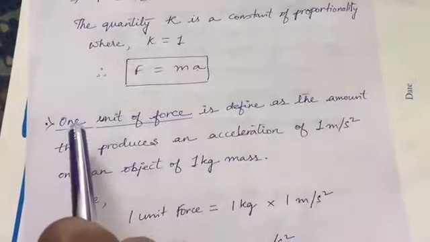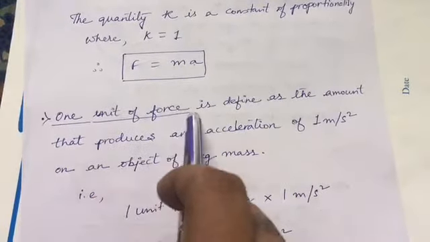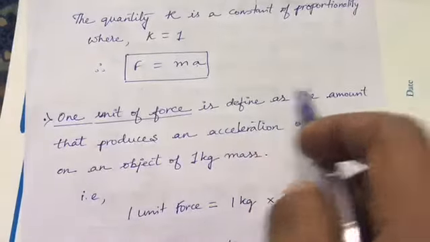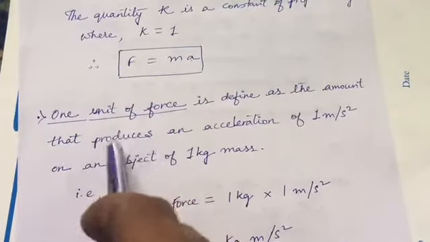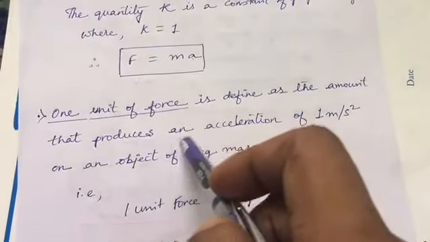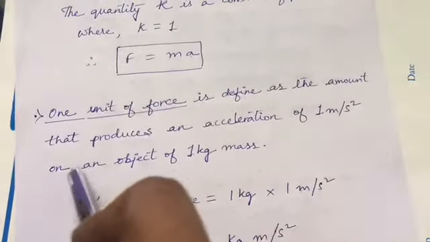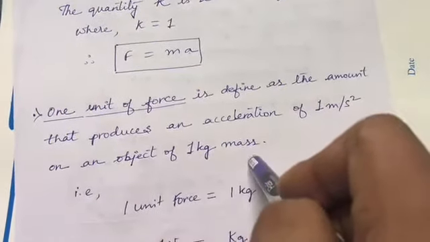Next, what is 1 unit of force? One unit of force is defined as the amount that produces an acceleration of 1 meter per second square in an object of 1 kg mass.